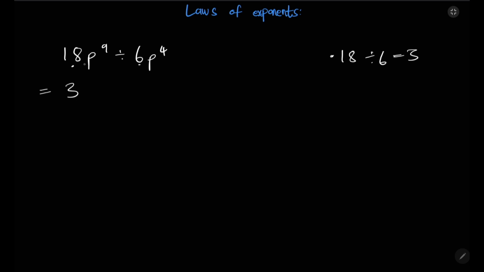Let's move to our variables. We have p to the power 9 and p to the power 4. p to the power 9 divided by p to the power 4. p and p, we have the same base. Let's write it down. 9 and 4, this is 9 minus 4, to the power 5. Your final answer is therefore 3p to the power 5.